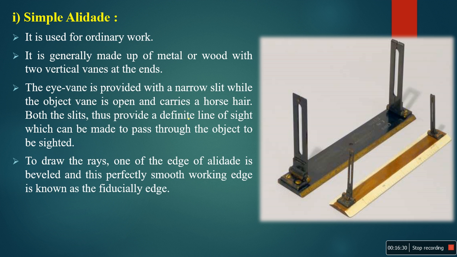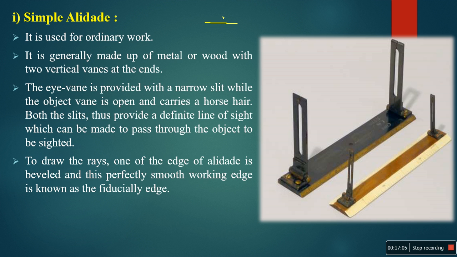Then one more important point with respect to the alidade is to draw the rays. After bisecting with respect to stations, we have to draw the line. That is important. So that's why one edge of this alidade is a beveled edge, like a scale edge.